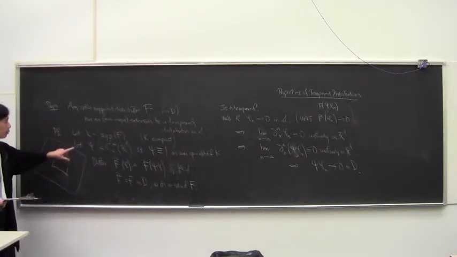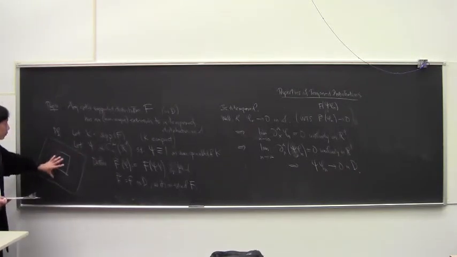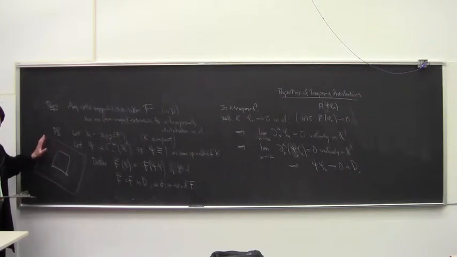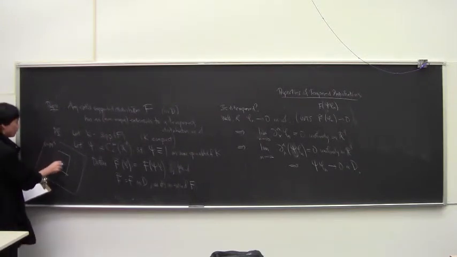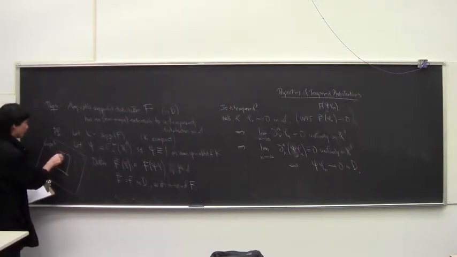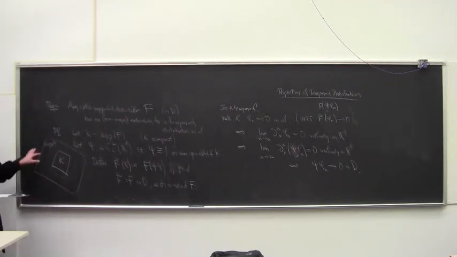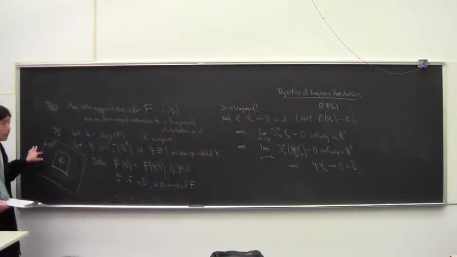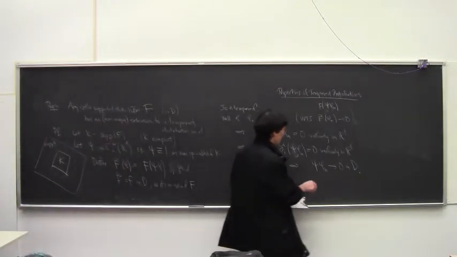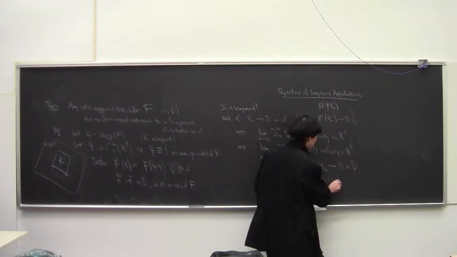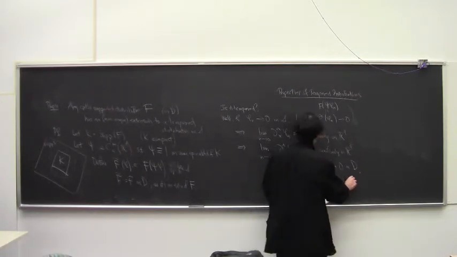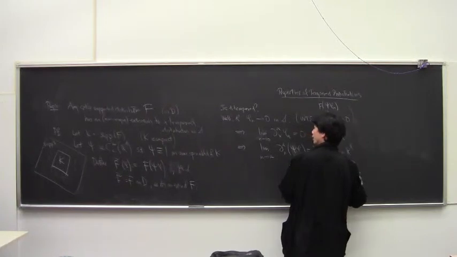And psi was supported on its own compact set, which included an open set, which included the compact set. This is the support of psi. This is the original support of the distribution. So all these guys are supported in the support of psi, which is compact.